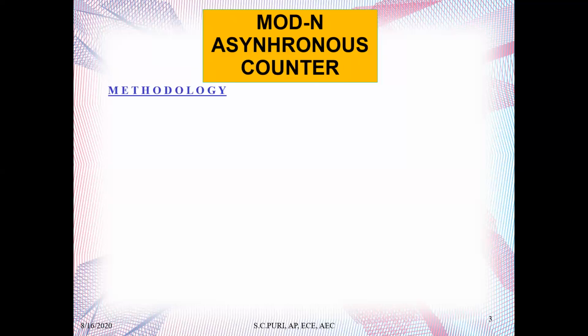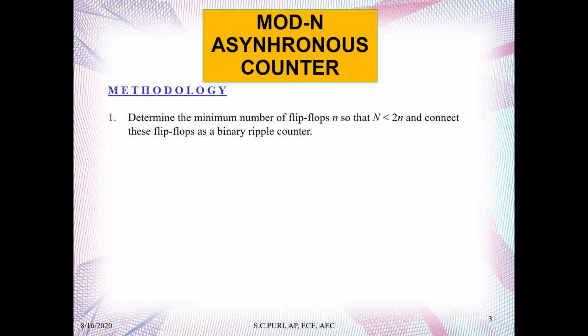So now, how to obtain the mod in an asynchronous counter, rather how to design a mod asynchronous counter configuration. So we will first look into the methodology. Now the first step is to determine the minimum number of flip-flops so that the modulus n is less than or equal to 2 to the power of the number of flip-flops, and connect these flip-flops as a binary ripple counter.